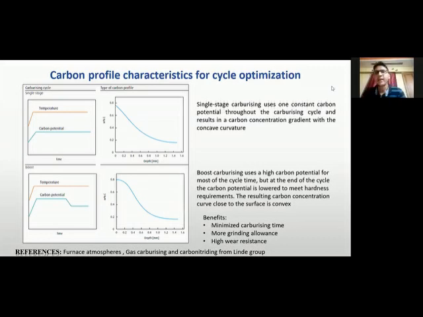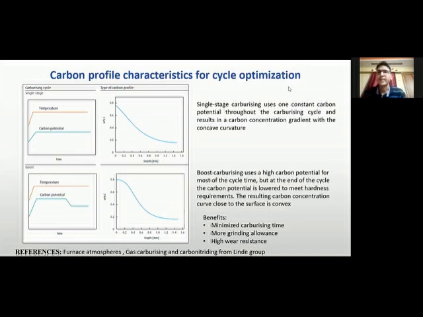While deciding any carburizing cycle for the component on the basis of the requirement of case depth, we have to keep in mind the process selection as well as the carbon potential, temperature, and cycle. Here I have explained the two types of cycle: single stage cycle and boost cycle.